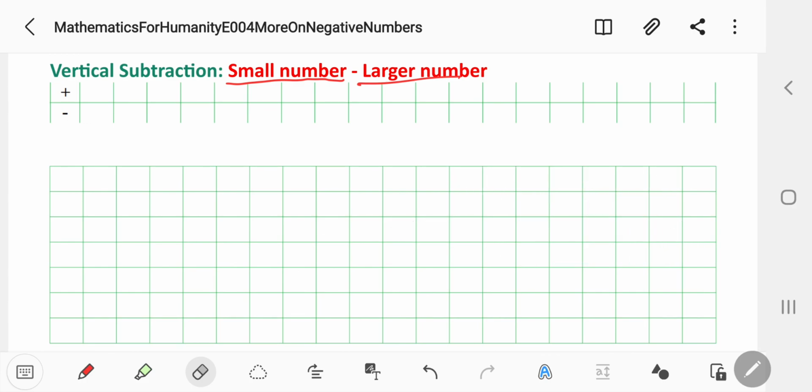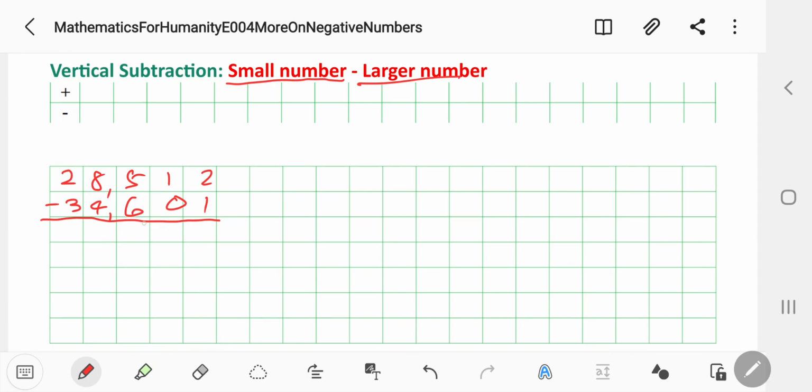The last example is 28,512 minus 34,601. How will you get the difference?